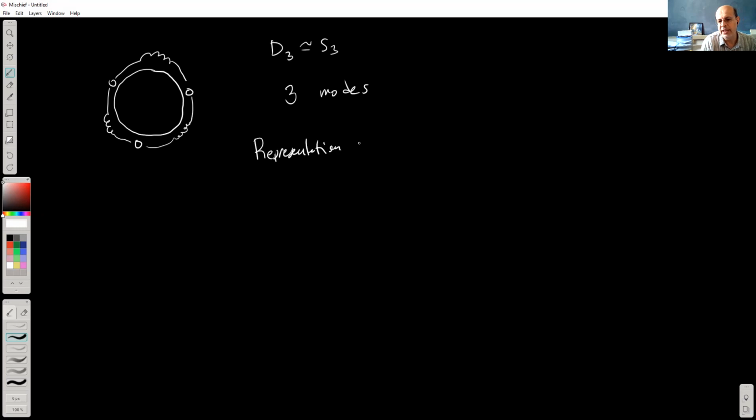We have decomposed this into these two representations, U2 and U3. This was the signature representation, if you remember. And this was some kind of a two-dimensional representation. But if you don't, then no problem.